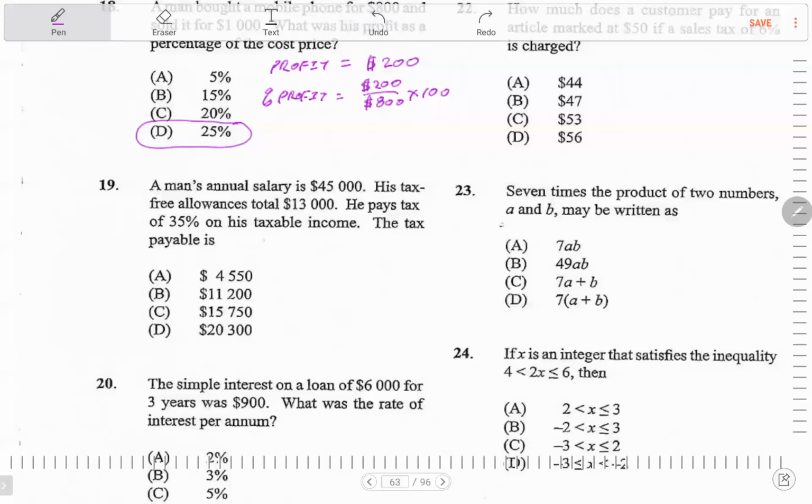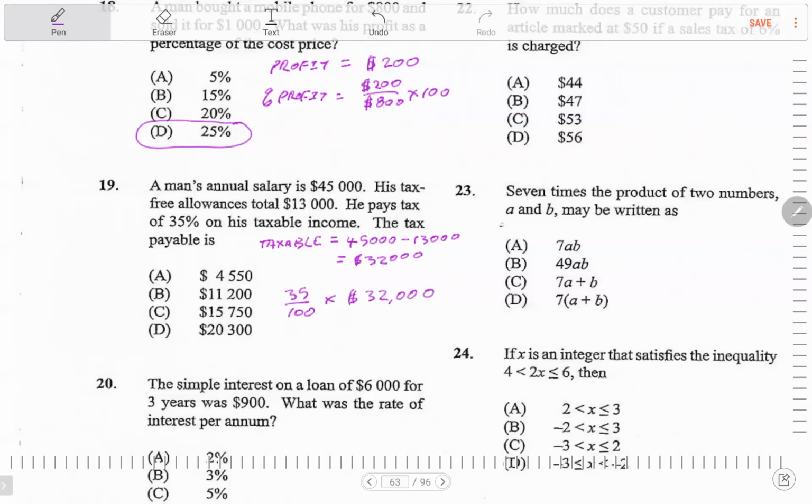So the taxable income is equal to 45,000 minus 13,000, which works out to be 32,000. I'm talking about dollars. And you pay tax of 35%. So the tax then is 35 over 100 times the 32,000. That's what we're working out.